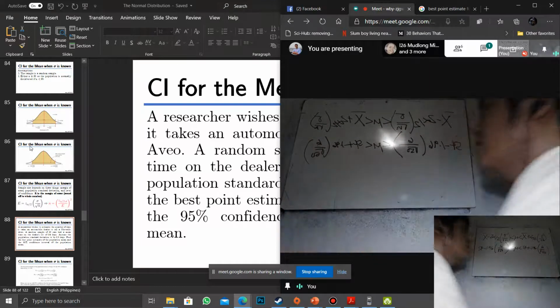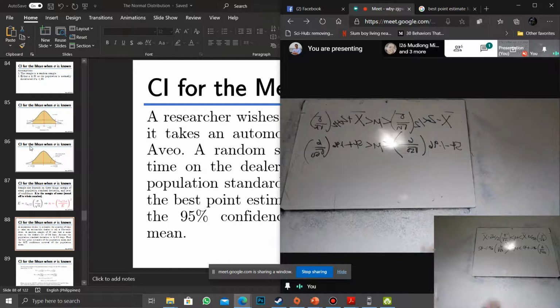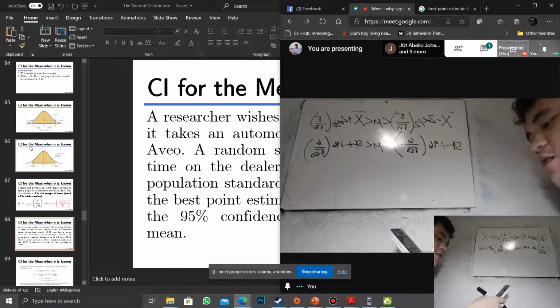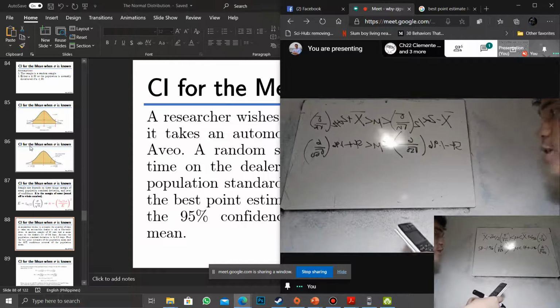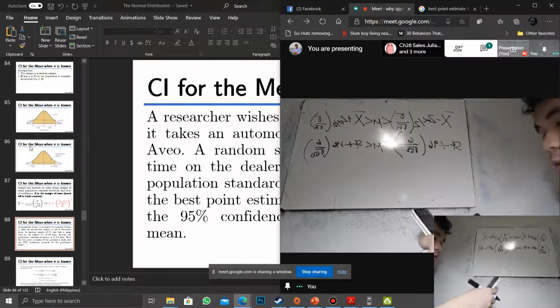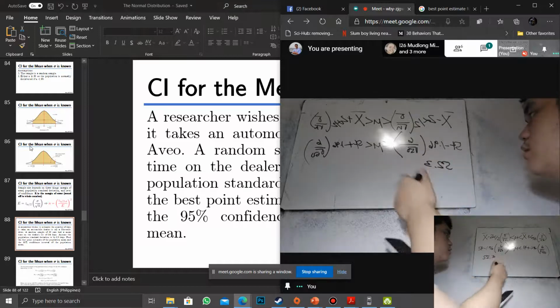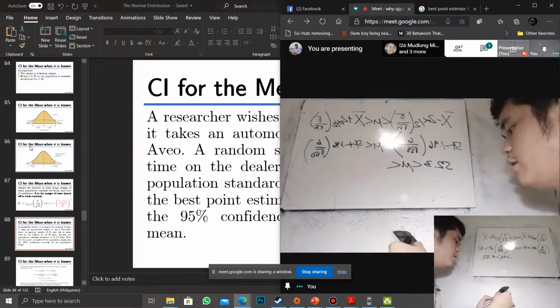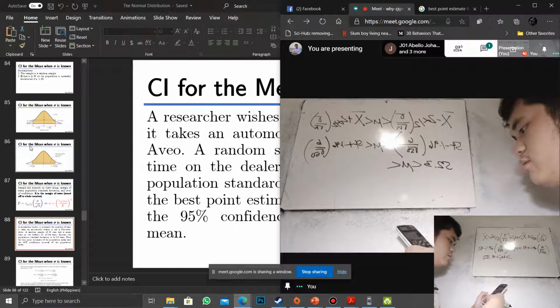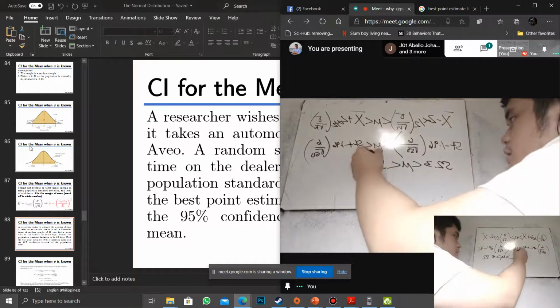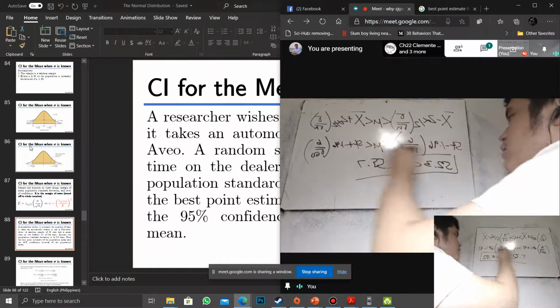Ganun na kasimple itong ginagawa natin. E sabi sa inyo yung statistics, di siya masyado mahirap. No? 54 minus 1.96 times sigma 6 over square root of 50, 52.3 is less than mu, is less than 55.7, no? Yan this is our confidence interval.